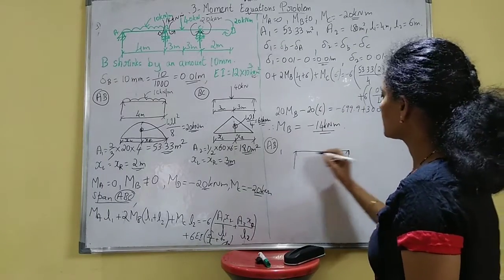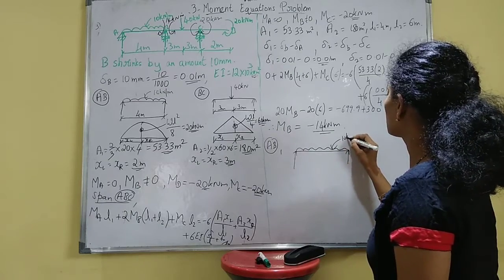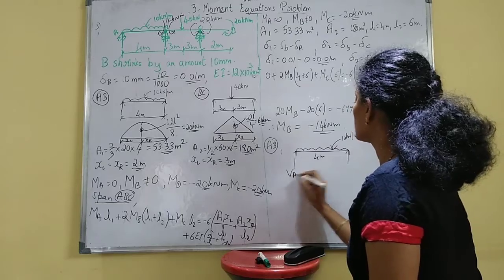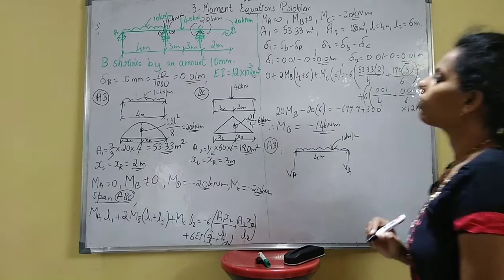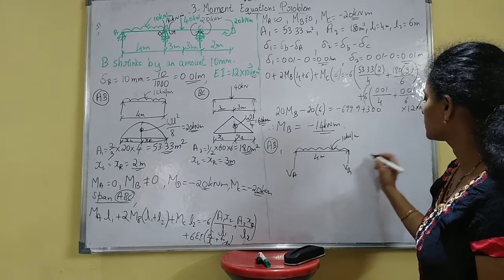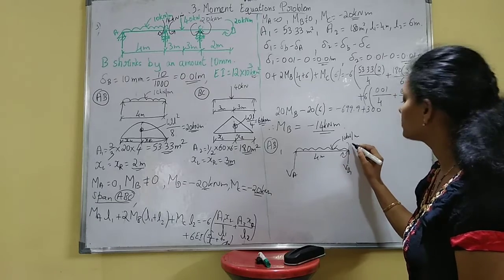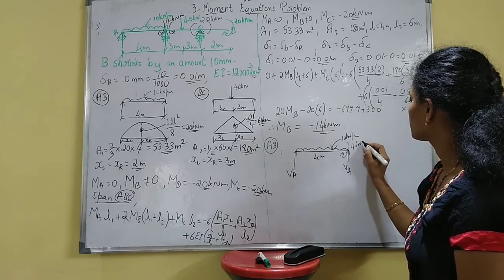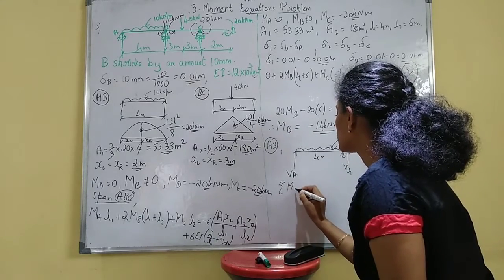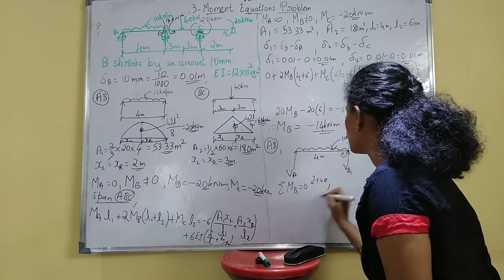First span, that is AB, you have 10 kilonewton per meter, distance 4 meter, you have VA, this is VB1. And here you have one joint moment, that is 14. Therefore, summation MB1 equal to 0, consider clockwise as positive.